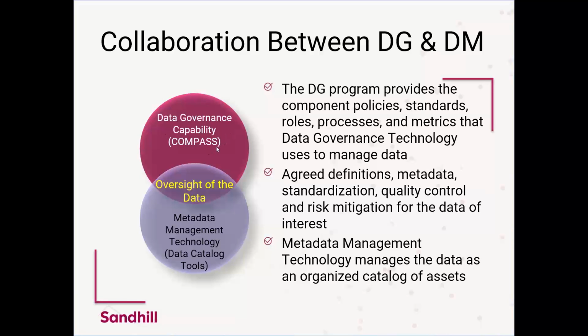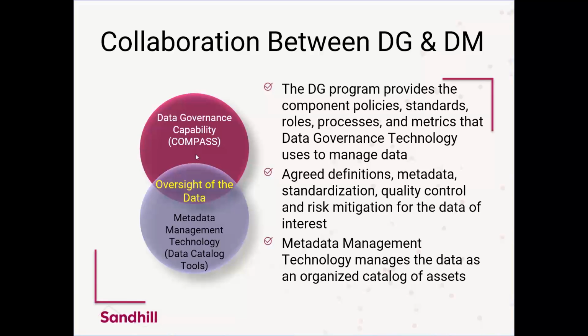The idea behind Compass is to provide you with the guidance to define what your data governance program is going to be doing, and the policies, the processes, the procedures, the standards, the responsibilities of who is doing what. It is down to your other techniques and your other tools, like your metadata management tools, to actually do the automated scanning of your metadata, to do the scanning and importing and the data cataloging of your assets.